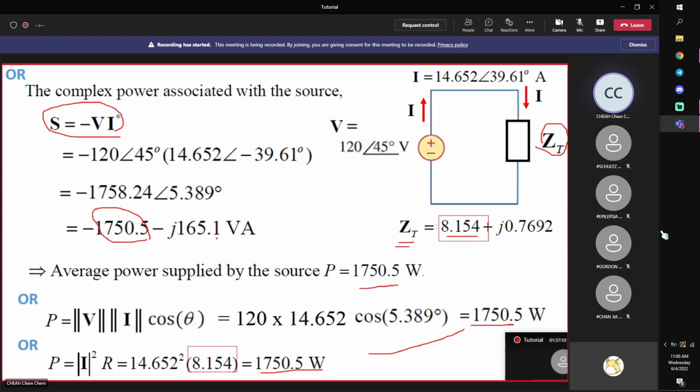But one good thing about complex power is that it also gives you additional information. We know what the reactive part is as well. And complex power will be very useful in power factor correction, which is for next week's tutorial.